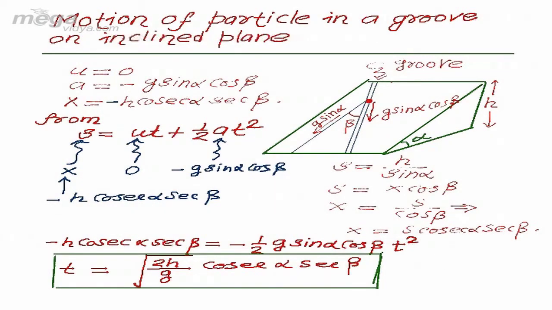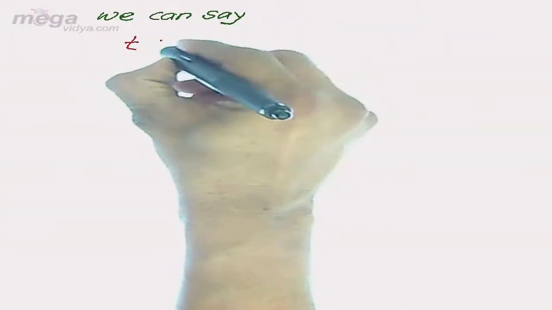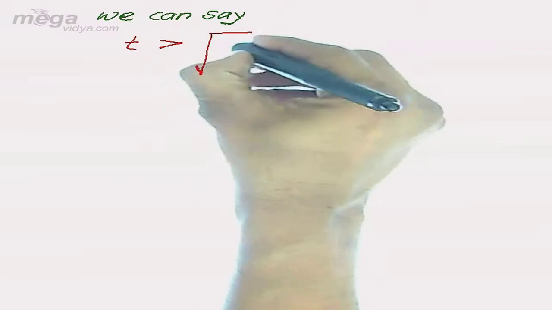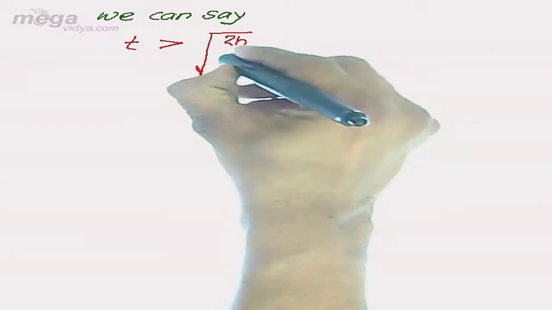From here we can say that sec beta is greater than 1 because the angle beta can be between 0 degree to 90 degree only. So we can say that t is greater than the square root of twice h by g cosec alpha.